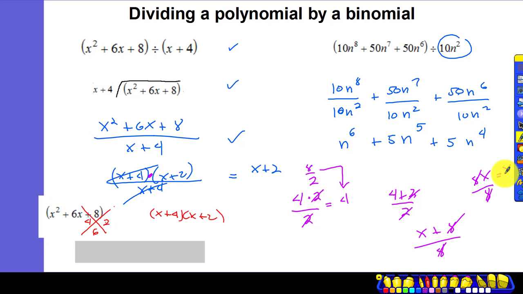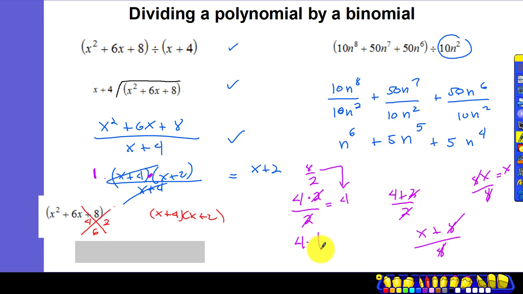When you're canceling, it seems like they're going away. But actually, x plus 4 divided by x plus 4 is just equal to 1. And then 1 times x plus 2 will just give you x plus 2. So I hope that you will not forget that when you cancel something, just like 2 divided by 2, that's just equal to 1.